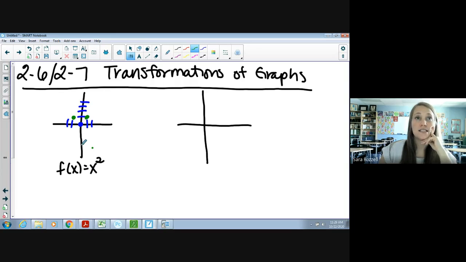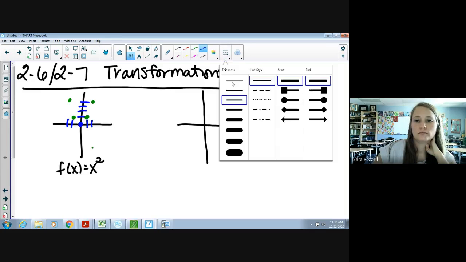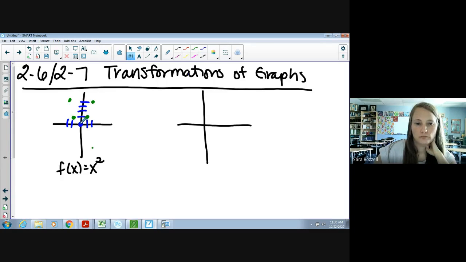Okay. Our second set of points we get by plugging in 2 and negative 2. What is 2 squared? 4. So when I'm at 2 on the x value, my y value needs to be 4 because this graph is squaring all the x values. Then negative 2 squared is also 4. And when we connect them, we make a U shape.